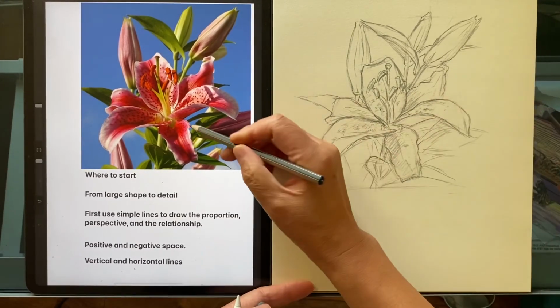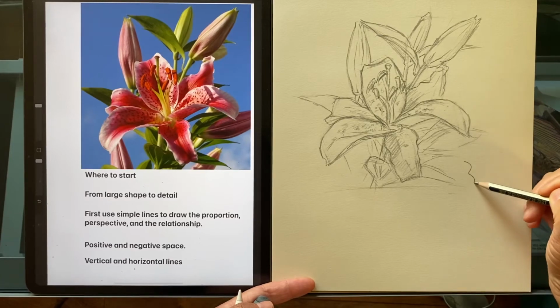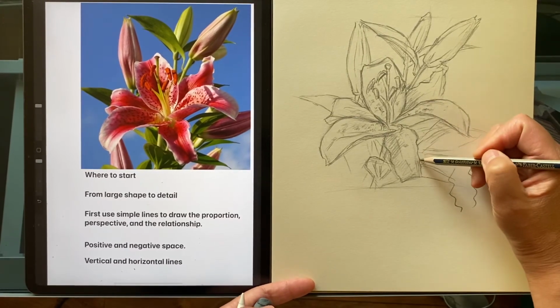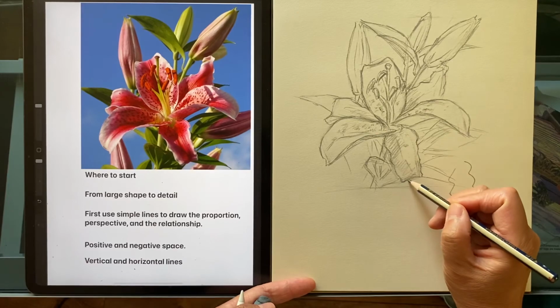All those curves are different, so don't make the curve like that. The curve is a long way to curve.